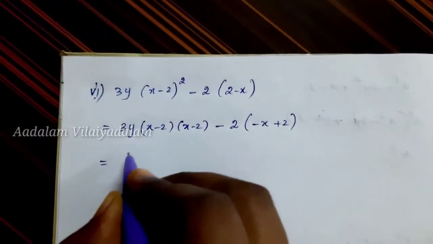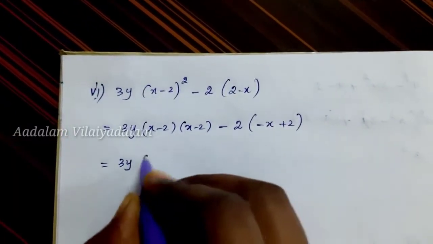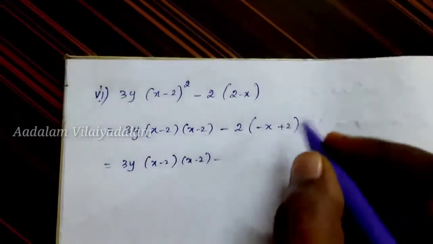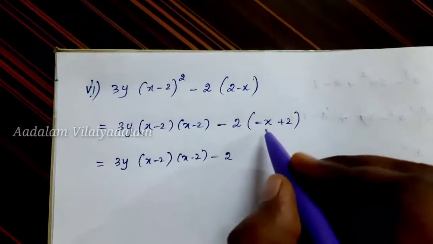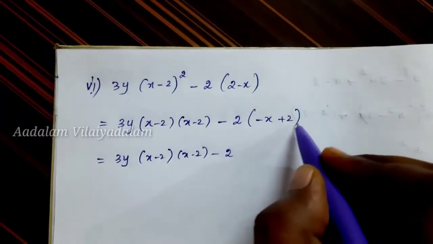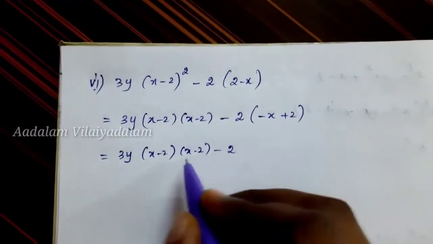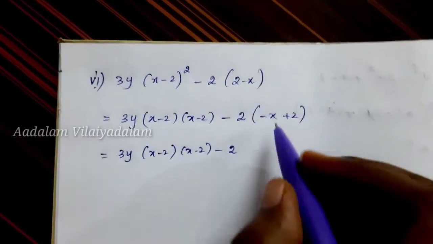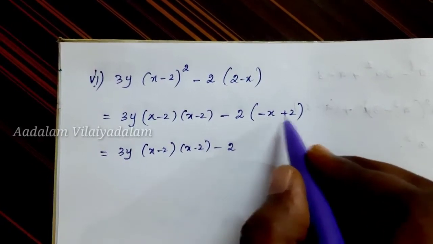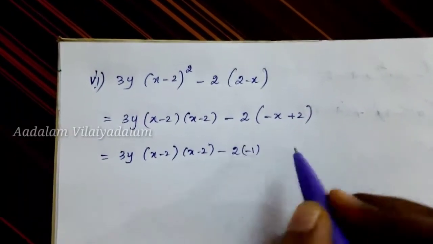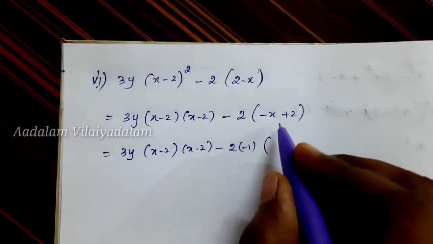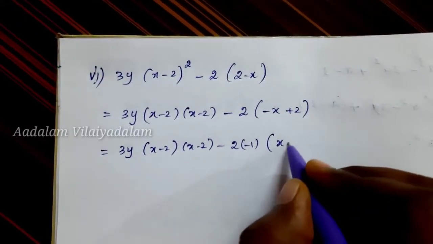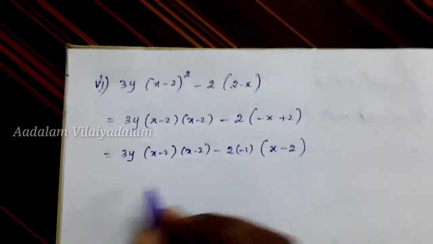So in the next step, we can write 3y(x − 2)(x − 2). Then here −x lies and +2 lies. To take out the common factor, we need the x − 2 form. So we can take the −1 as a common number. Then by interchanging this sign we will get x − 2.